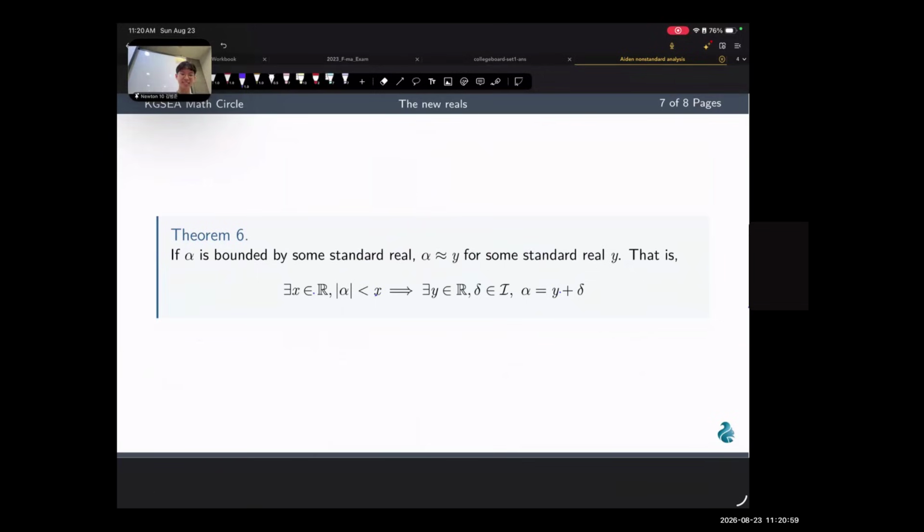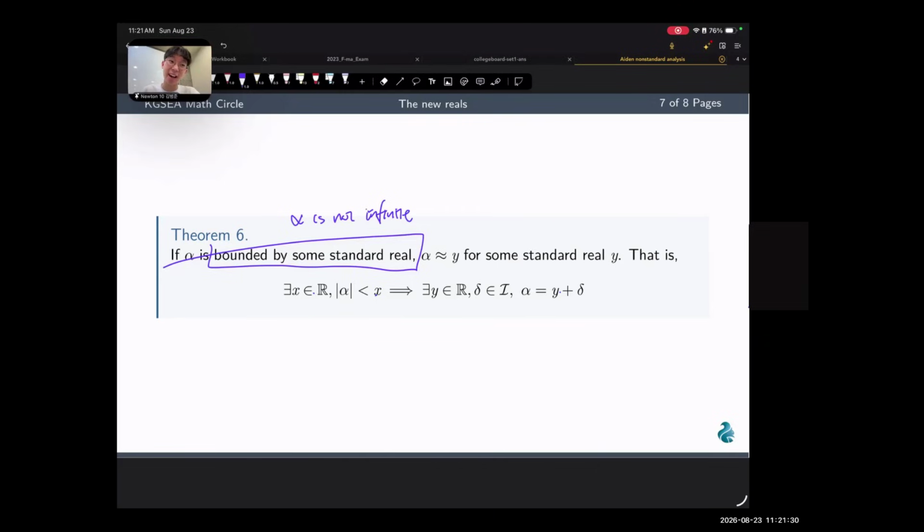Theorem 6. This is huge. Let's try to understand what this monstrosity is saying to us. If alpha is bound by some standard real number, what do I mean by that? What I'm saying here is alpha is not infinite. We have to be very careful about what it means for a set to be infinite here.